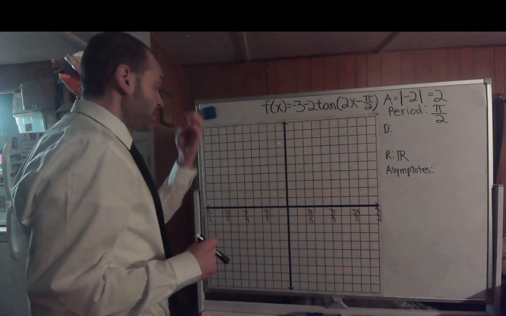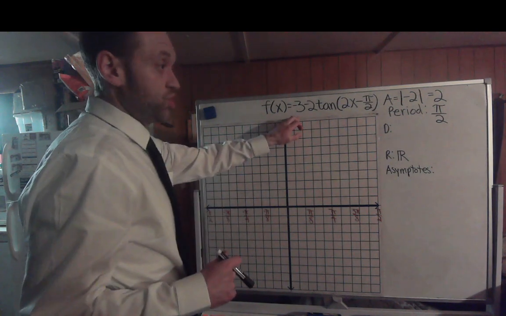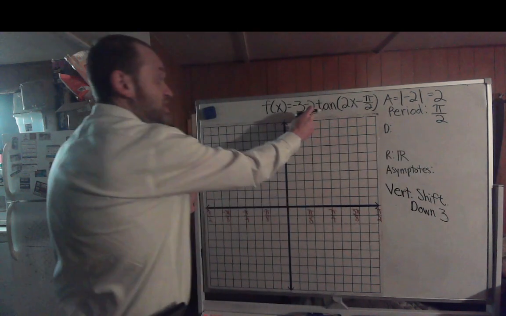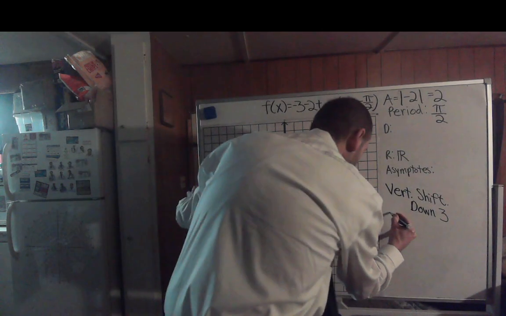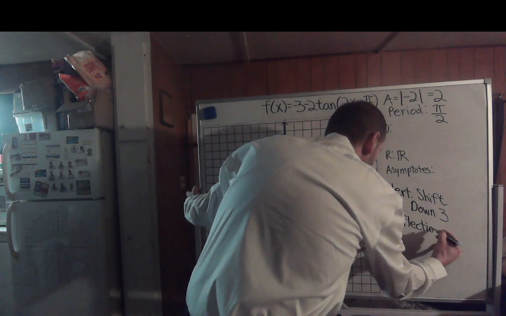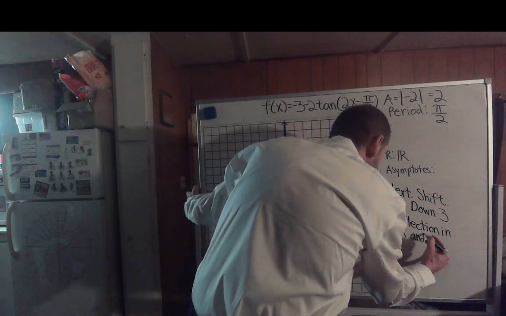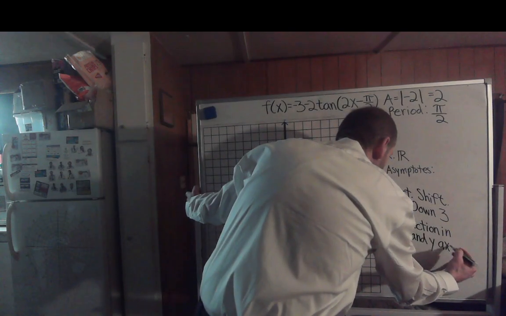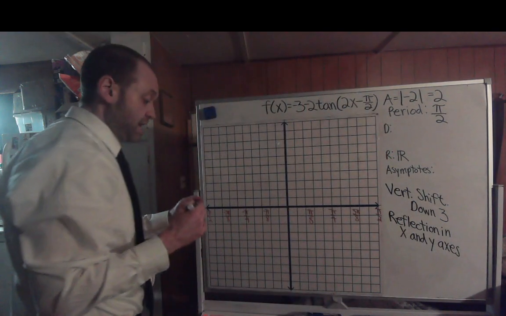Now, we definitely have a vertical shift down 3 units, right? Because of that -3, we have a vertical shift down 3. And then that 2 is negative on the tangent, so we have a reflection in both axes. We have a reflection in the x and y axes. This is all from the original tangent of x graph.